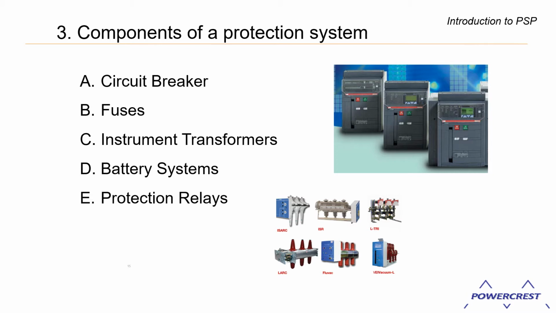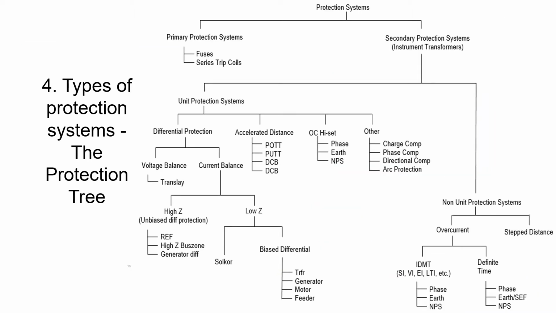Arguably, one could say they're part of the protection scheme. Anyway, those are, in a nutshell, the essential components of a protection system: breakers, fuses, instrument transformers, battery systems, and the protection relay.